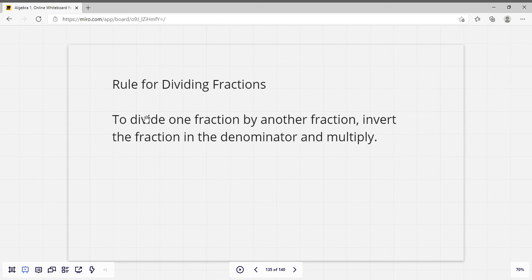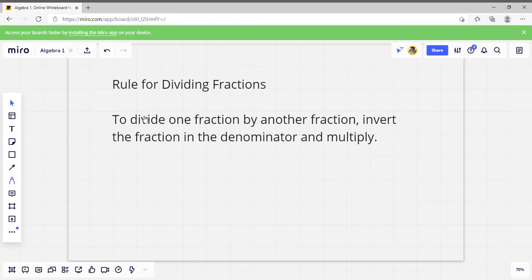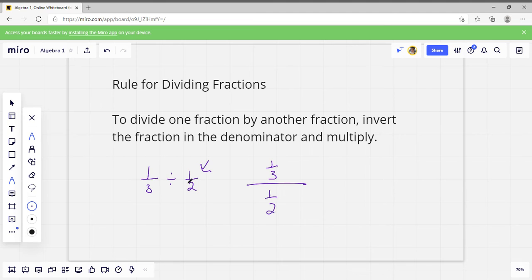That's the rule for dividing fractions, and we've divided fractions before, back in like 6th grade. If you have 1/3 divided by 1/2, how do you solve that? You flip your second fraction and multiply. That is the same thing as 1/3 divided by 1/2, it's just written in a different form.